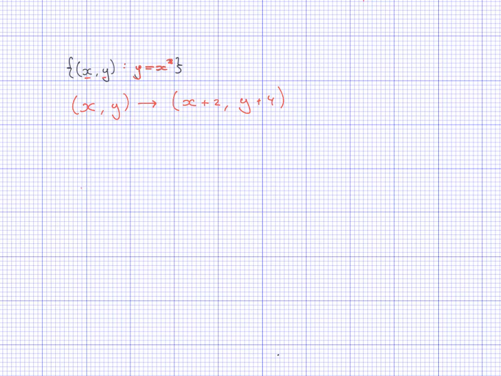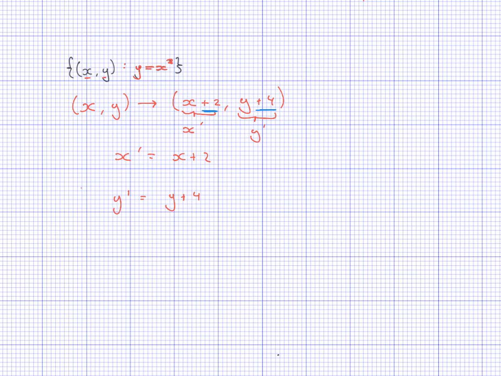This means that there has been a translation of the x coordinate 2 units and a translation of the y coordinate 4 units. So this is the same as the image of x, and this is the same as the image of y. So x image equals the original plus 2, and the y image equals the original plus 4.